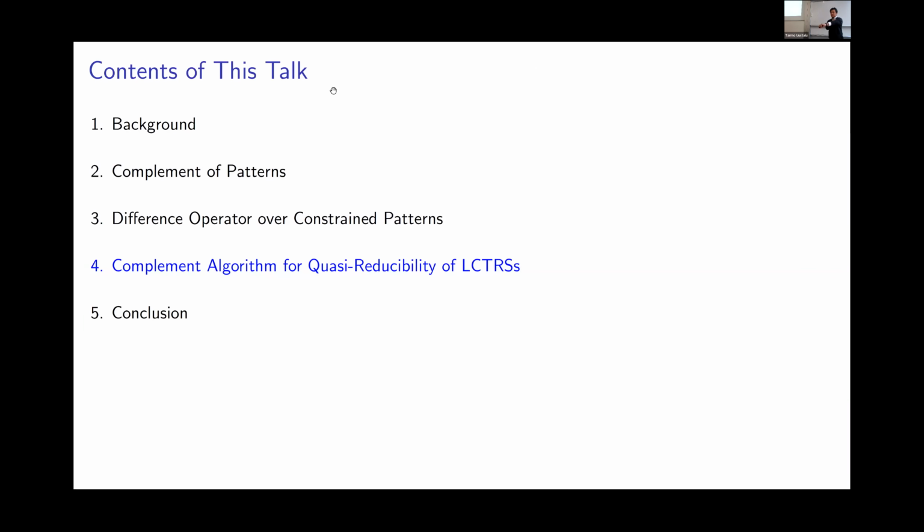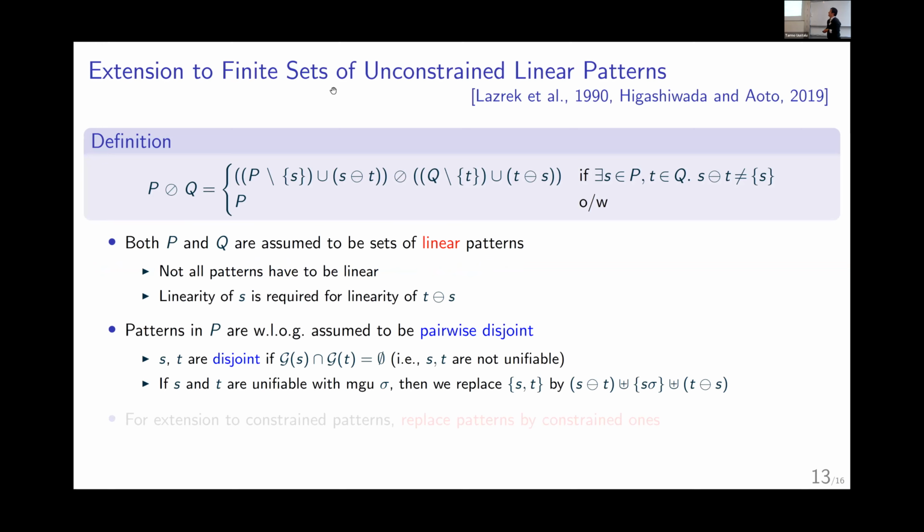So this is the difference operator, and then I go to the extension to finite sets of patterns. So this is the extension to finite sets of unconstrained linear patterns. So P and Q are finite sets of linear patterns.